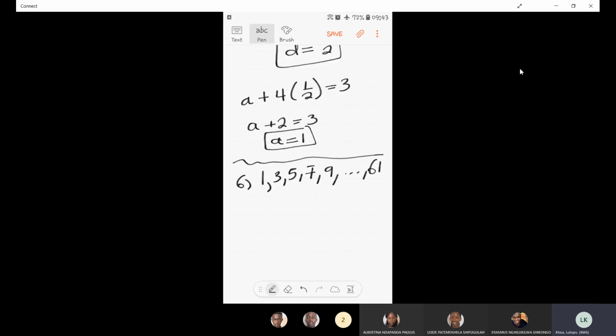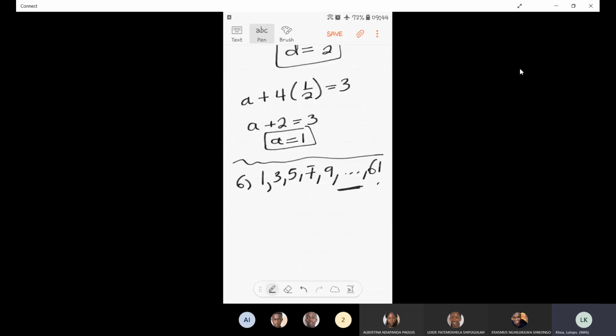Okay, so it continues up until you get to 61. Now the question is, how many terms have I listed, or how many terms do I need to write in order to get to 61? So I've obviously skipped a few over here, but I know that the last one is 61. Now the question is, how many terms do I have until I get to 61?